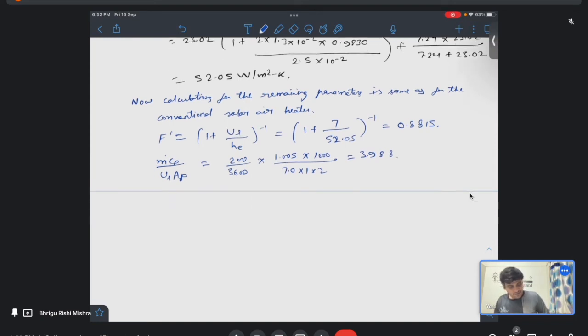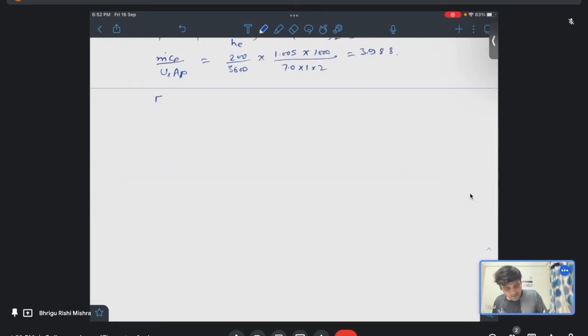So we can calculate the FR equals 3.988 times 1 minus exponential of minus 0.8815, that means F dash, upon this coefficient 3.988. If you solve this you will get 0.7909.